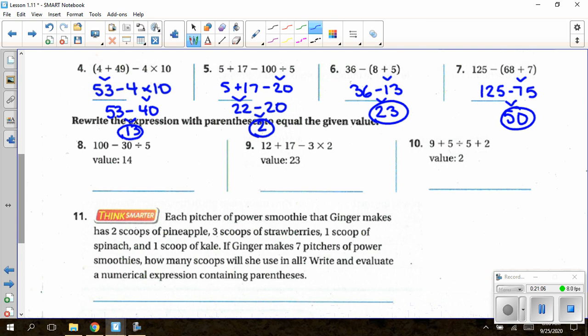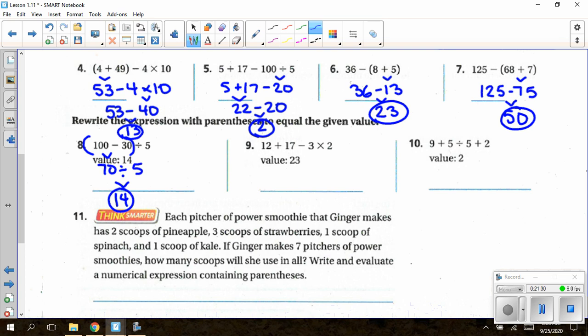So using my reasoning skills, I know that I would want to have the 100 minus 30 in parentheses, and that would give me 70. And then 70 divided by 5 is what we would have to do last. That does give me my value of 14.